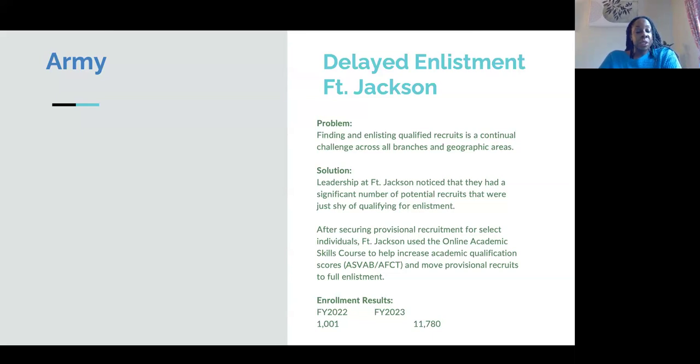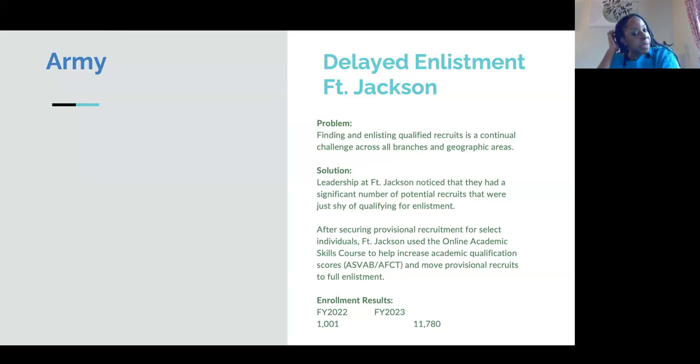So the solution they decided upon was to allow their service members to use the online academic skills course to help increase their qualification scores for the ASVAB and the AFCT. The goal is to get more provisional recruits to full enlistment.